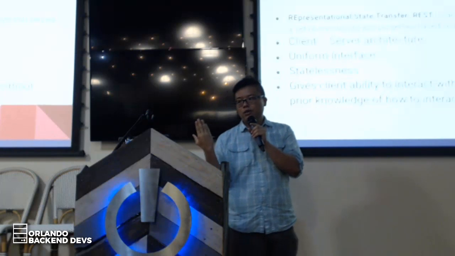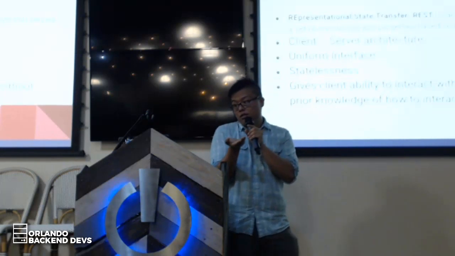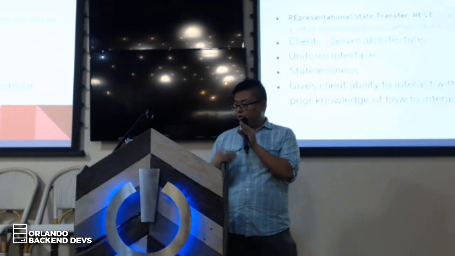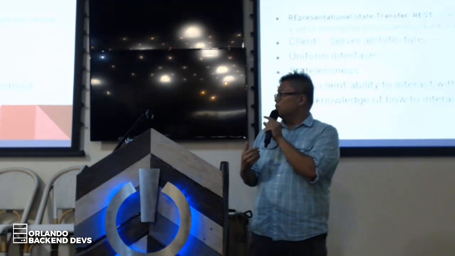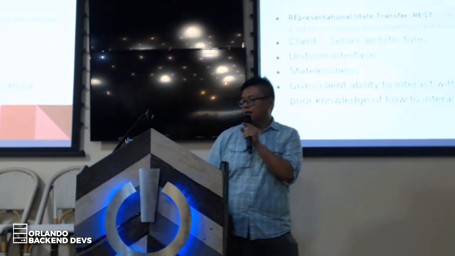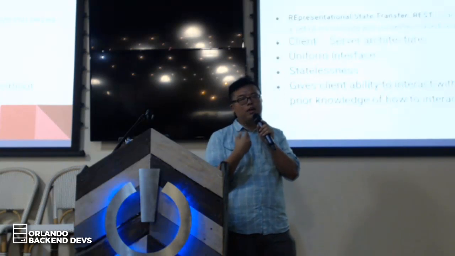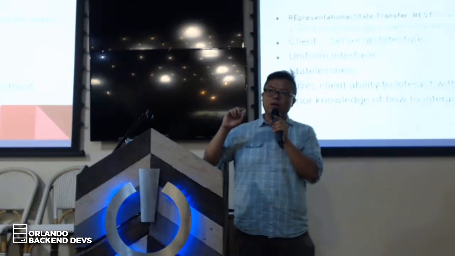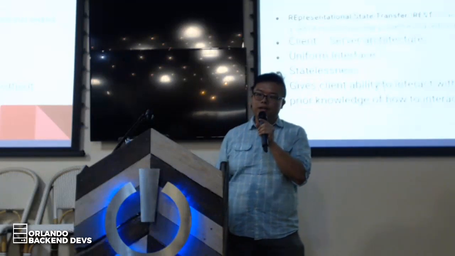There's a uniform interface, so everybody knows how to use a website. We always use the HTTP verbs and statelessness. And probably the most important part of all is that REST gives the client the ability to interact with our applications and our servers without having to get any information beforehand.